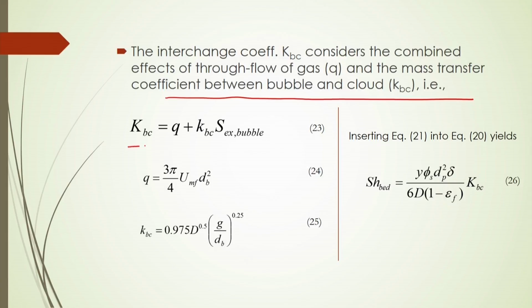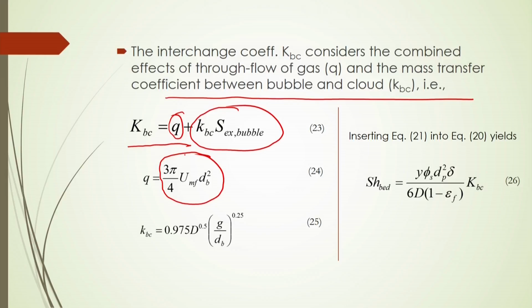In that case, Kbc will be equal to Q plus Kbc into Sex bubble. This Q that we have already discussed will be equal to 3 pi by 4 into UMF into dB square. So, this Kbc will be equal to 0.975 D to the power 0.5 g by dB to the power. So, this Kbc, the mass transfer coefficient from bubble to cloud, depends on the diffusivity of the gas and also the size of the bubble inside the bed.